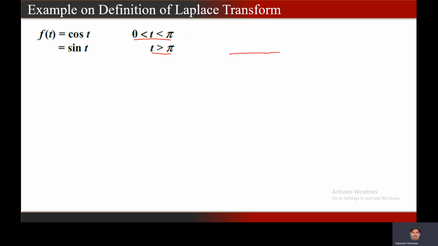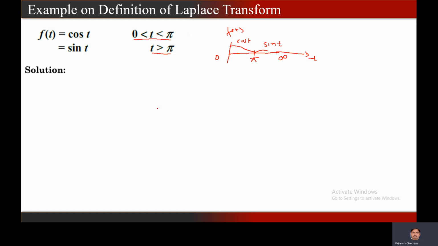Again similarly, your Laplace transform is defined from 0 to infinity, but this interval can be split into 0 to pi, where the value of the function is cos t, and pi to infinity, where it is sin t. This is t, this is your f of t.